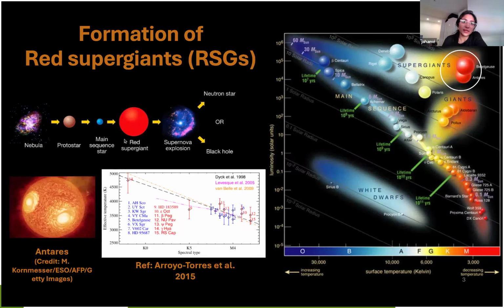Okay, so I was talking about the formation of red supergiants. When a star exits the main sequence, it exhausts the hydrogen at its core, and then it starts helium fusion at the core. And then it becomes bigger and bigger, it cools down, and it enters the red supergiant phase.